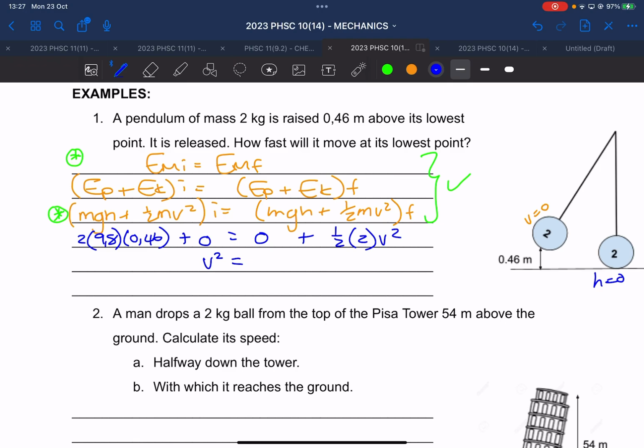So here you got 9.016, but we want the velocity, not the velocity squared. So you have to put a square root over it. Okay, 3.00, and then your unit.